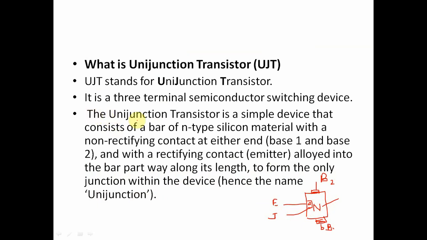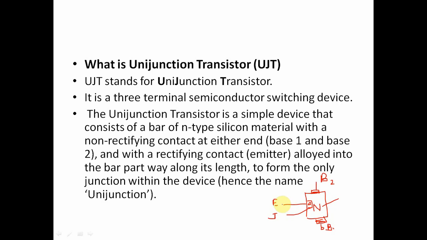See here, the unijunction transistor is a simple device that consists of an n-type silicon material with a non-rectifying contact. Here the non-rectifying contacts are with base 2 and base 1. There is no rectifying contact in between base 2 and base 1, and a rectifying contact into the bar part way along its length.